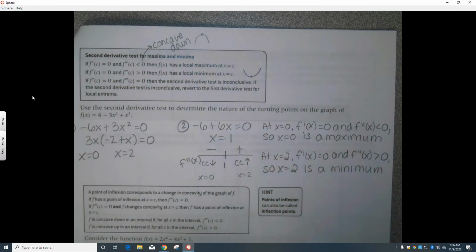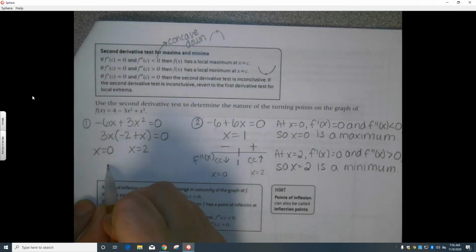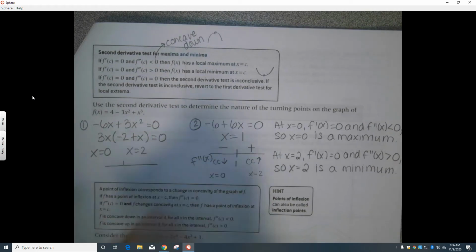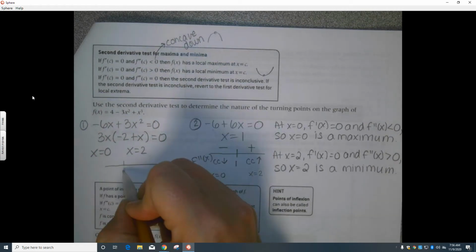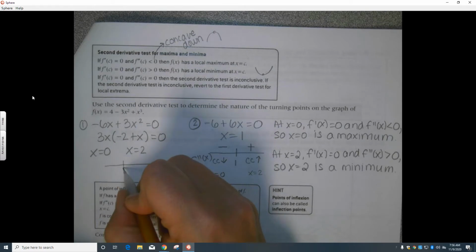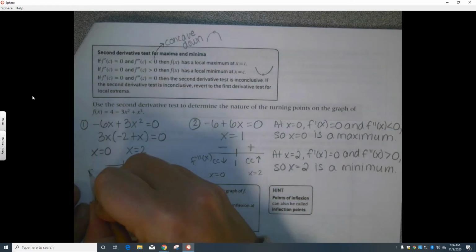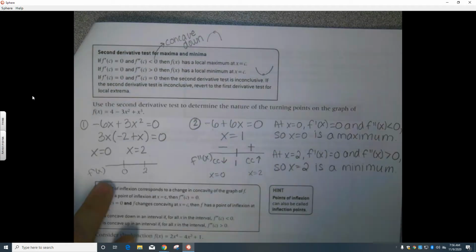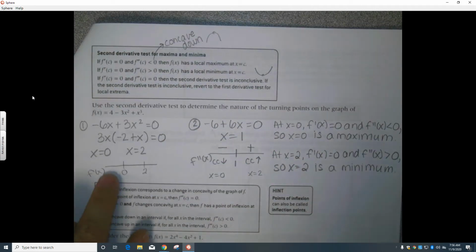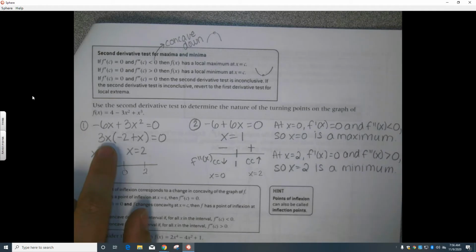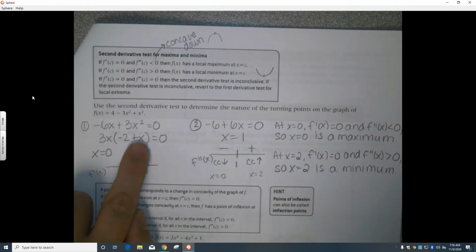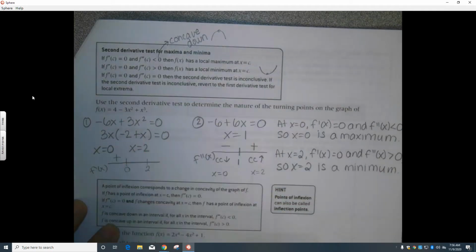Now, we could have gathered that using the first derivative test as well. So just to review that, I could have used the first derivative here. To the left of 0 would have been a negative number. If I plugged in a negative, I would get negative times a negative, which was a positive.